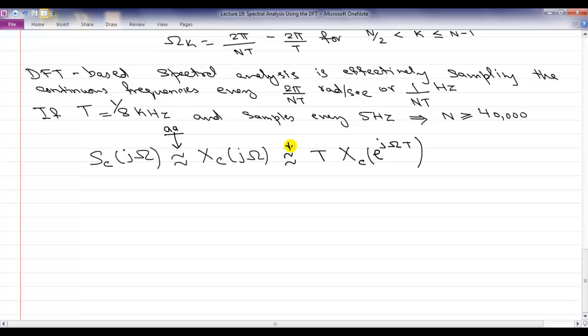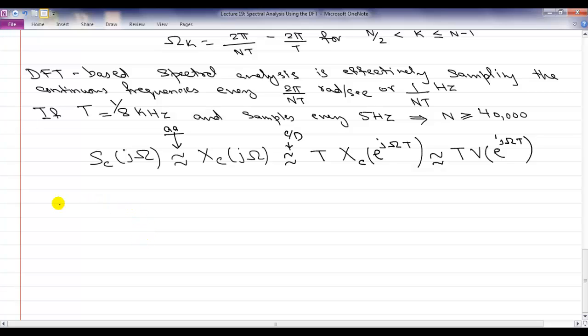So this is due to the continuous to discrete conversion. And let's assume that the effect of windowing is also negligible. So that is equal to V of e to the j omega, which is V of e to the j capital omega T.